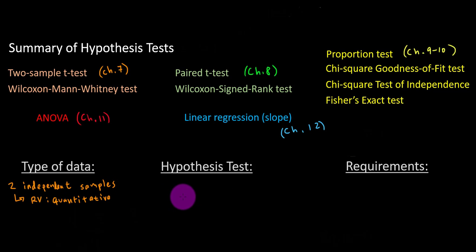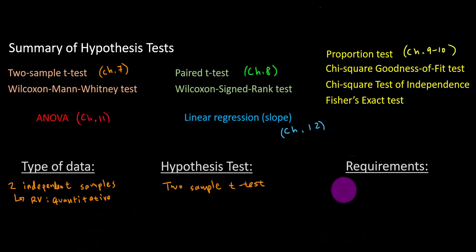So the hypothesis test, well, we're in orange here, so this is the two-sample t-test. If we can't use the two-sample t-test, we do have a backup test, but let's talk about the requirements first.